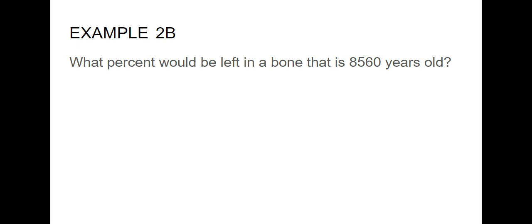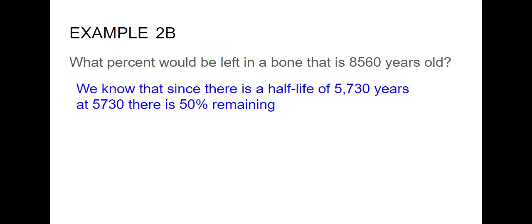So again, I would like us to look at a reasonable answer first. We know that after 5,730 years, we would have 50% left. And so our bone has to have less than 50% left, because it's older than the 5,730.